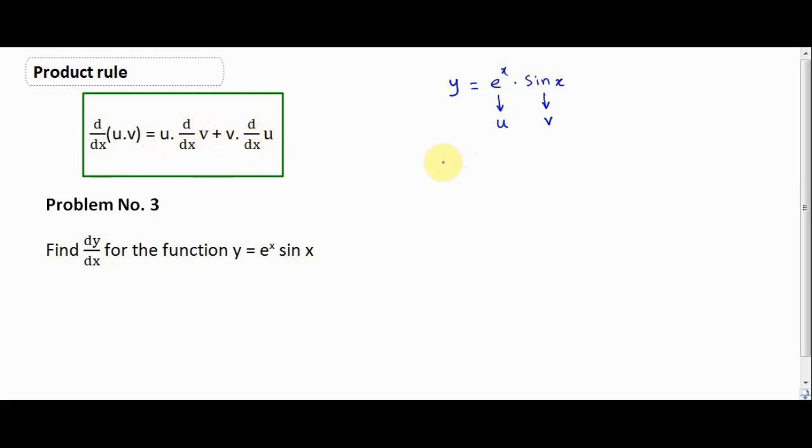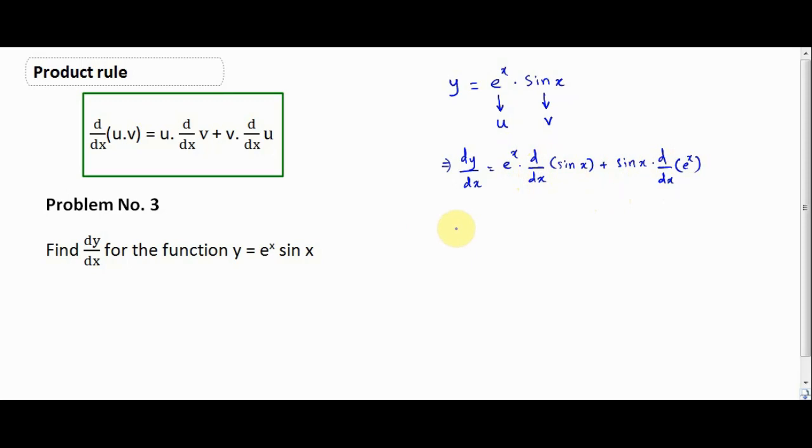So as per the product rule, d by dx of u into v is equal to u into d by dx of v plus v into d by dx of u. So here dy by dx will be equal to e raised to x into d by dx of sin x plus sin x into d by dx of e raised to x.